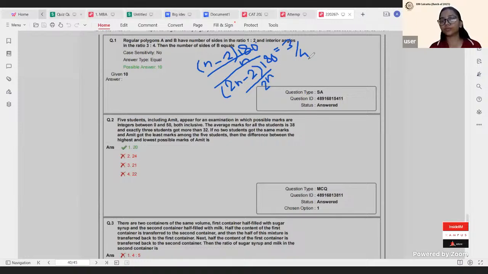If we solve for n, we can then find 2n, because the number of sides of B is 2n, as we have considered. If we solve for n, it comes out to be n equals 5. So the number of sides of B, which is 2n, equals 10.